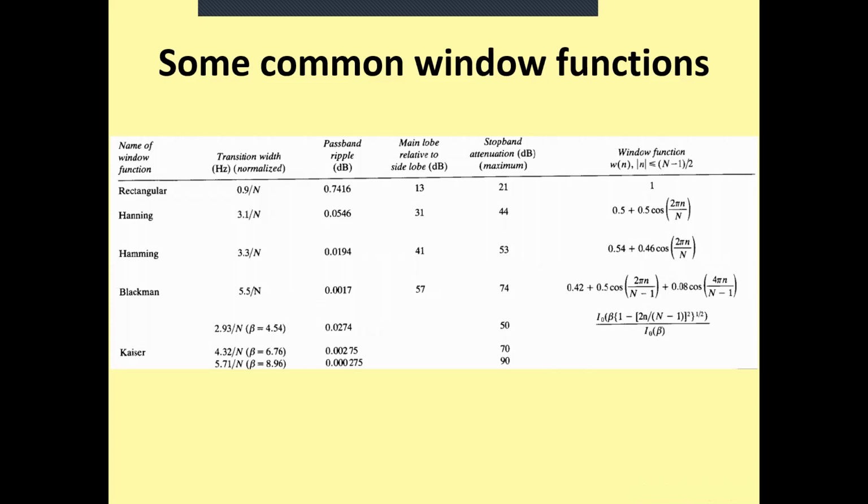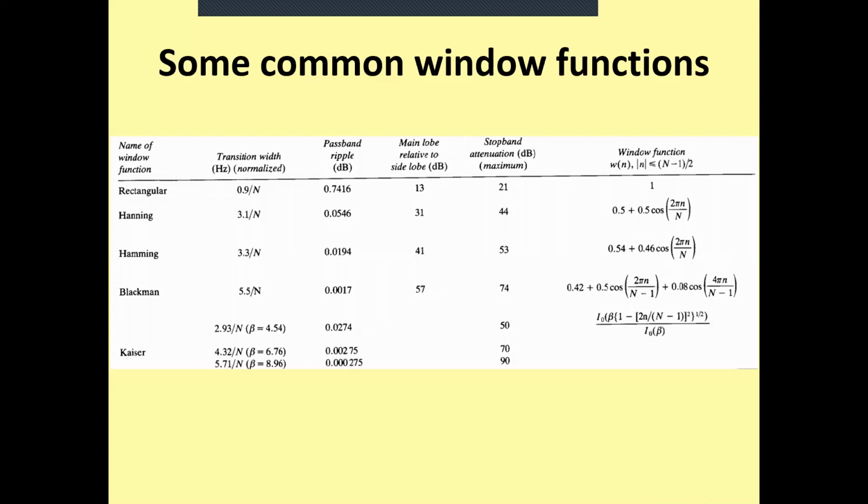Now, what is the missing parameter here? The missing parameter will be N capital. So we have to determine the N capital. Of course, in this case, how are we going to determine the N capital?